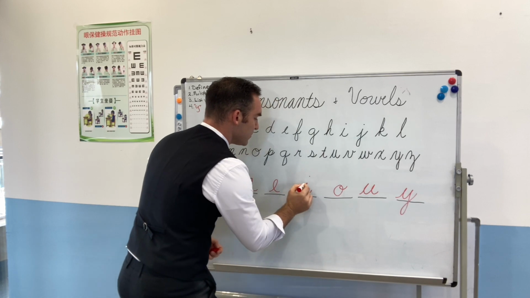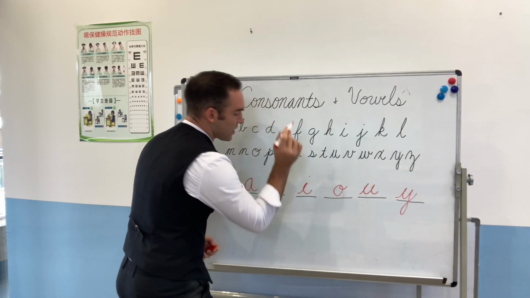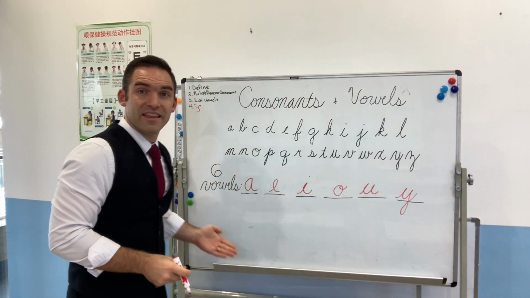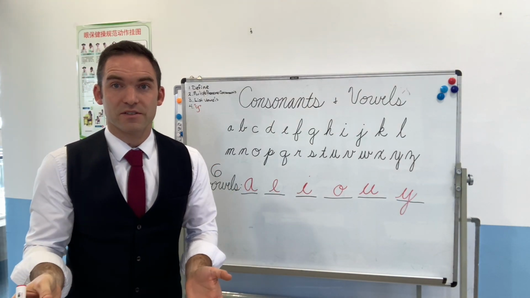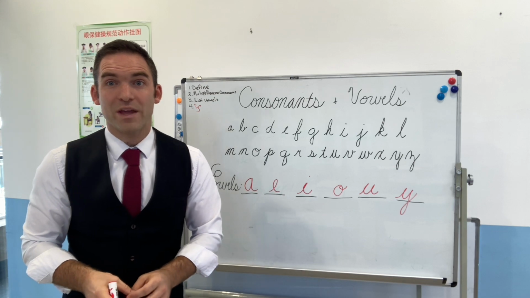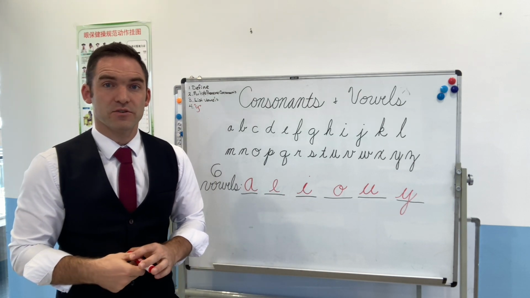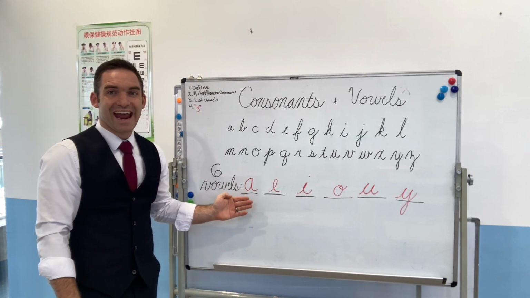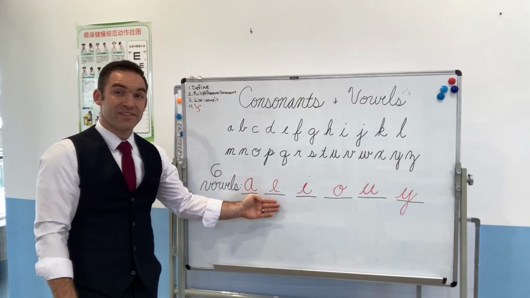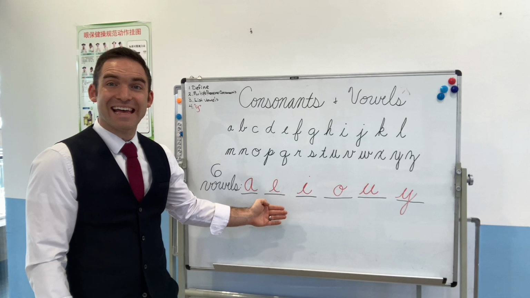And the reason that we use these to represent our vowel sounds is because these 6 represent all of the vowel sounds that we use. We have a number of vowel sounds that we use. We remember that the A says a, a. We have the E says e.